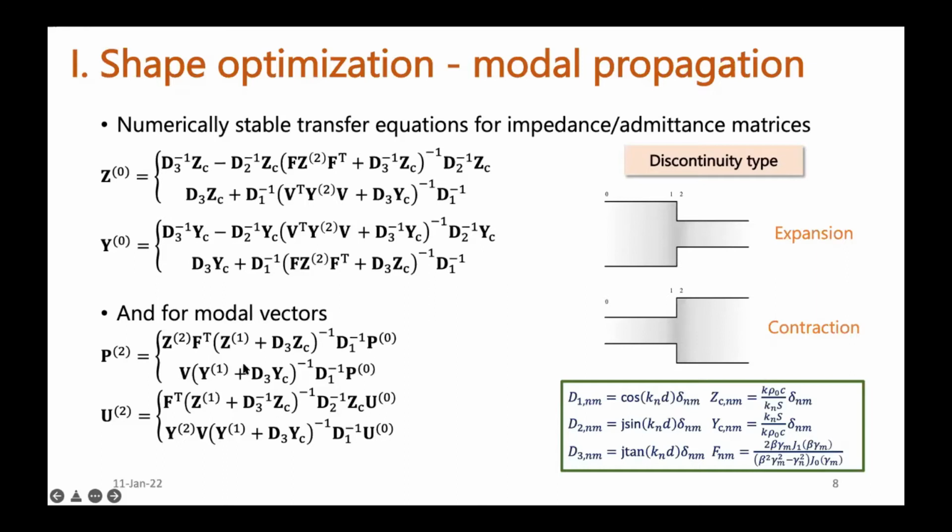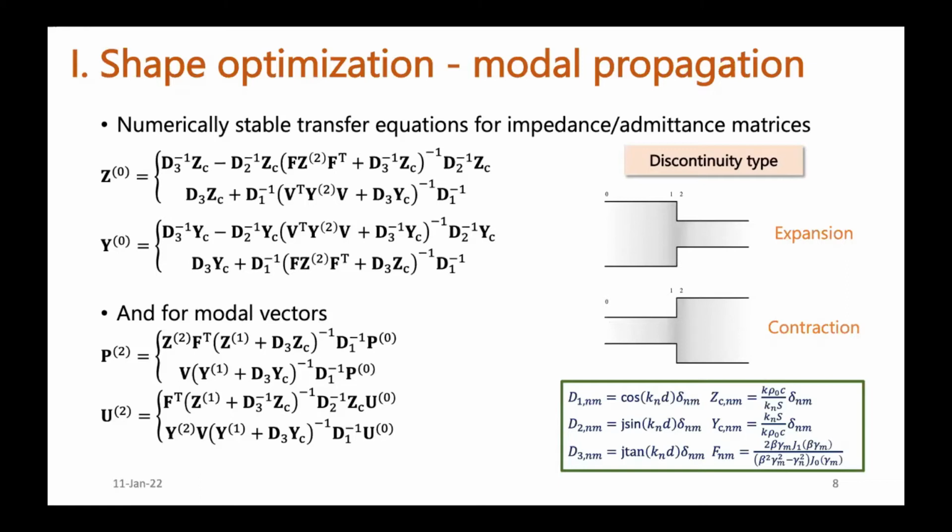And similarly, for the modal vectors, we should propagate in the opposite direction from the throat to the mouth. So we usually express the modal vector at 2 in terms of that at 0.